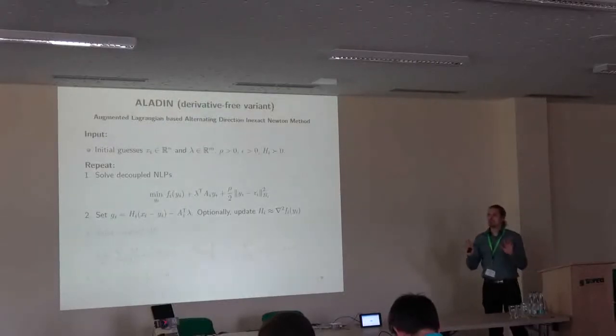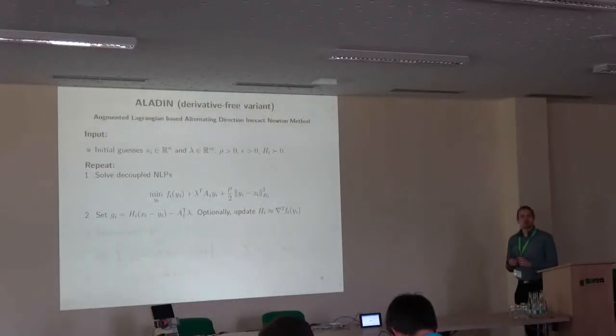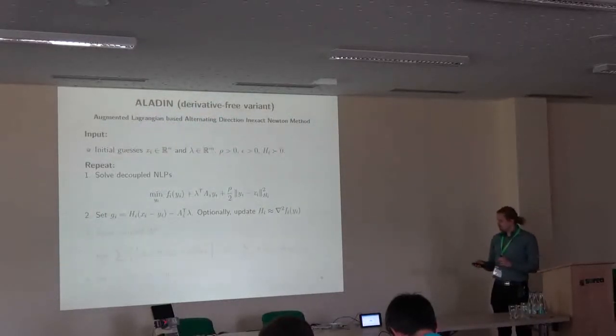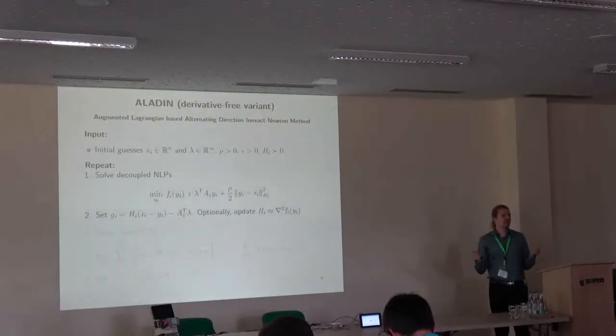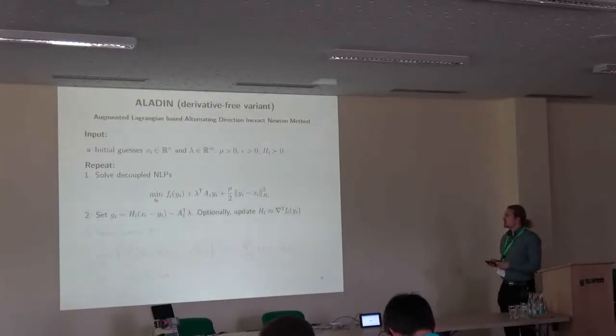This hi should somehow approximate the curvature of this function from a broad view. As soon as we do this, we get the scaling right. Of course, Aladin also works for twice differentiable functions fi. In this case, we could also set hi equal to the exact Hessian matrix. So if we can compute this, that's fine. If not, then we choose some approximation there.